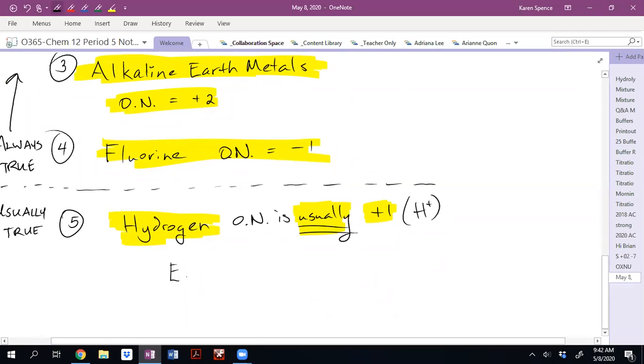So our exception: if you put hydrogen with a metal, it will take on that -1 charge.